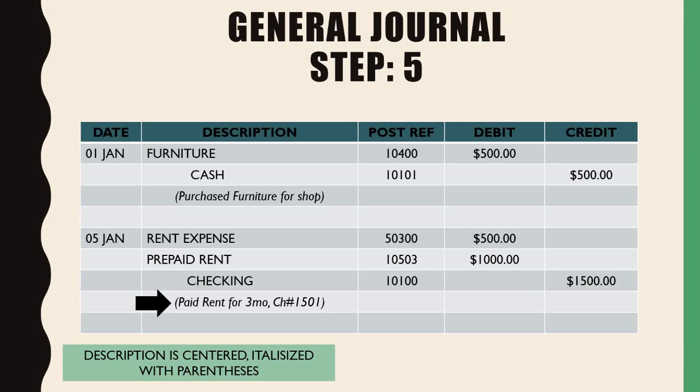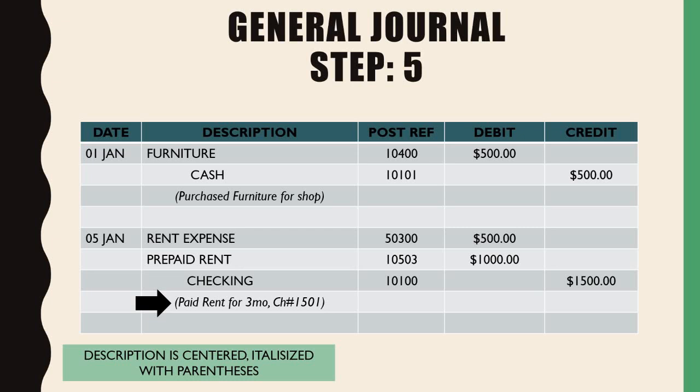It could be italicized, it could be capitalized, it could be any type of font that you want. As long as it's in parentheses is what matters. So you can put as much detail as you'd like in your journal, just so you know what has happened here. In this case, I paid for rent for 3 months and I used a check as proof that I paid, check number 1501. That is going to give me enough details about what this transaction is about.